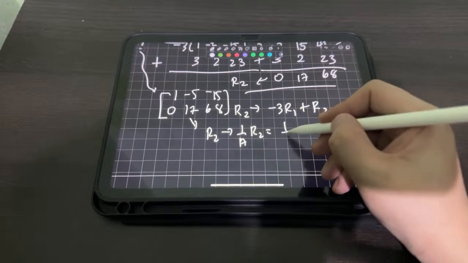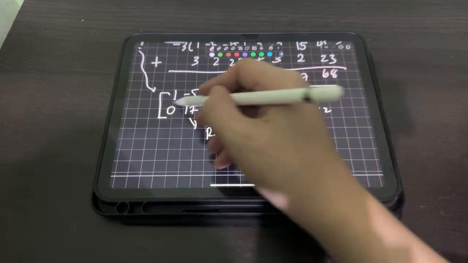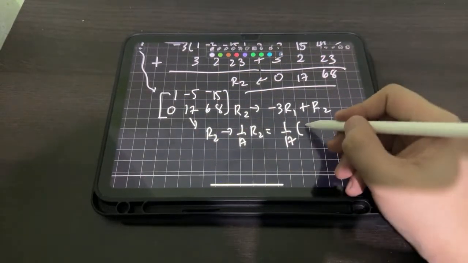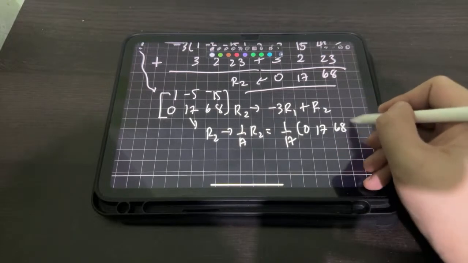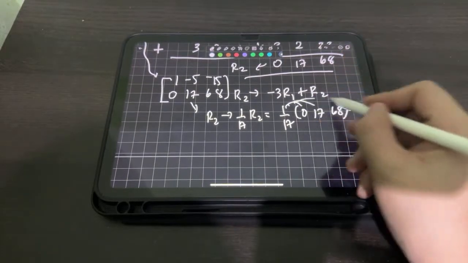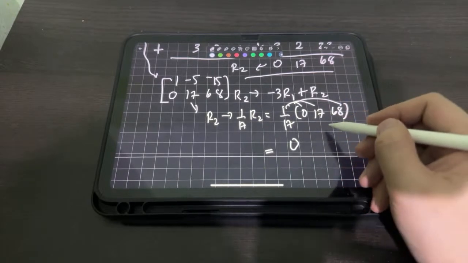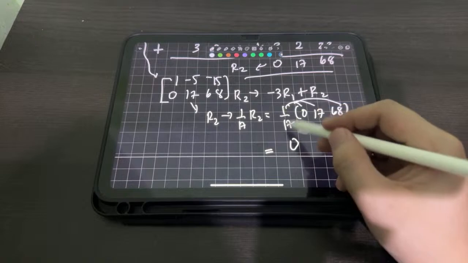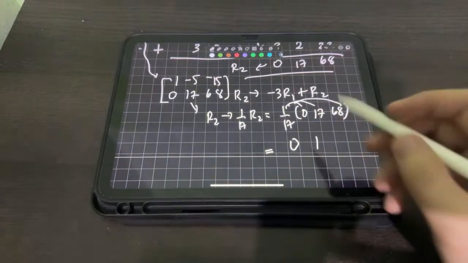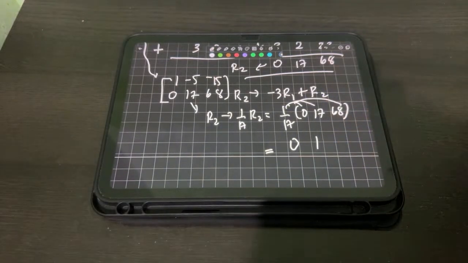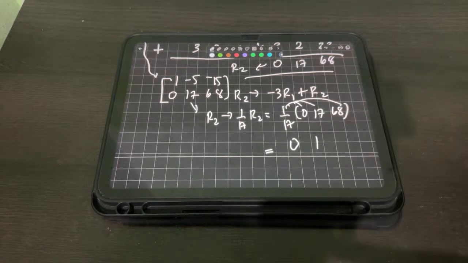So we will have 1 over 17 times all the entries in row 2, 0, 17, 68. Distribute this 1 over 17. 1 over 17 times 0 is still 0. 1 over 17 times 17 is 1. 68 over 17, is it exact? Okay, it's 4.